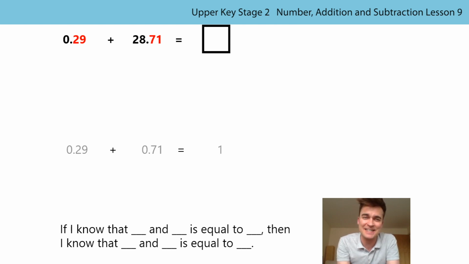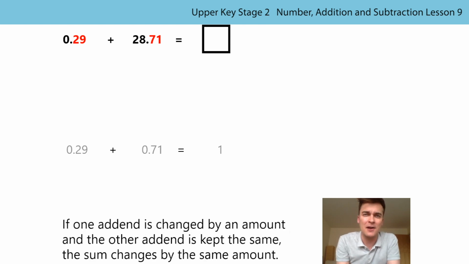So we've spotted in the original calculation a fact that's helped us. Now we need to use our learning around keeping an addend the same and changing one of them, and what we then need to do to our sum. So adding 28 to 0.71 gives us the number from our problem, 28.71. We need to add 28 to our 1 as well to complete the problem.